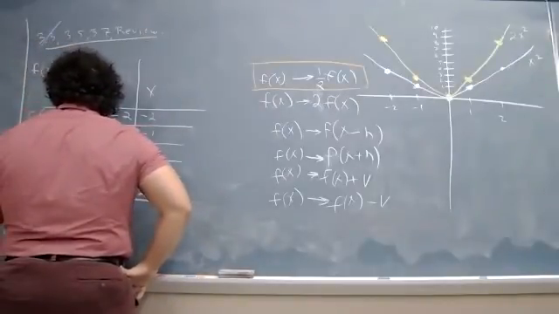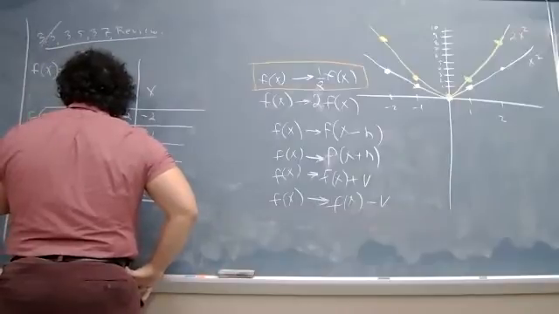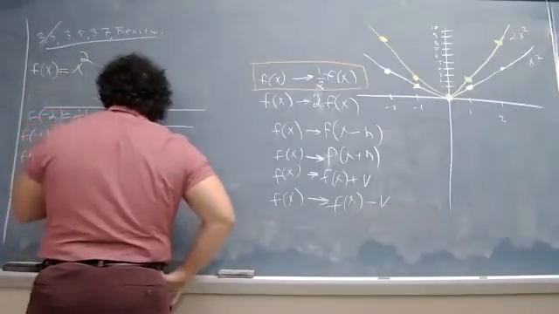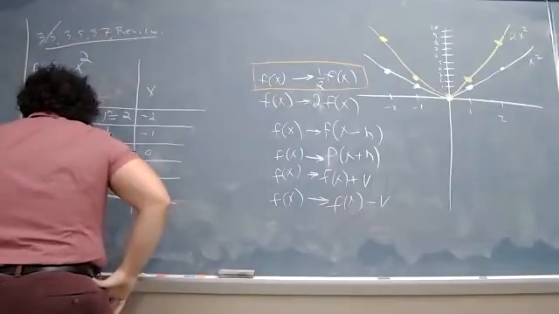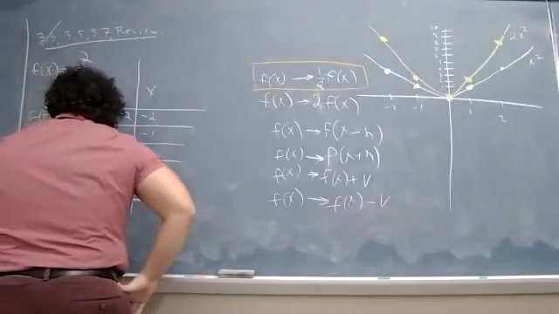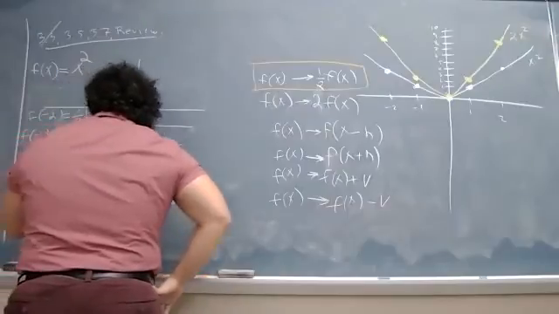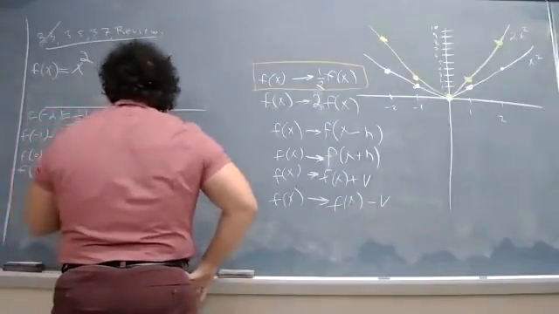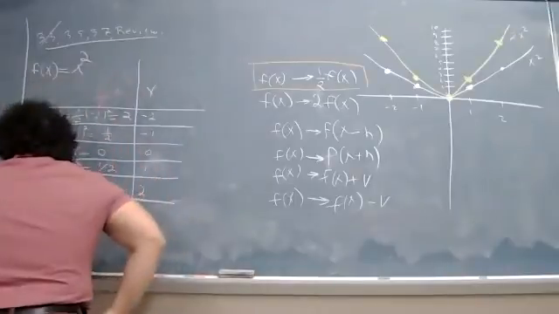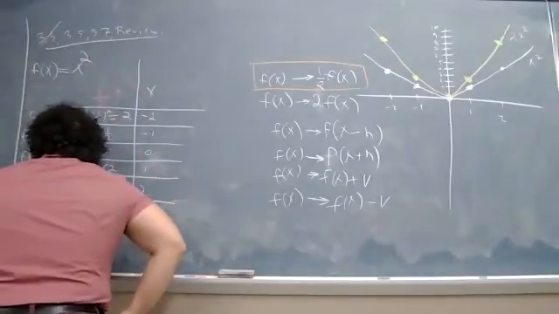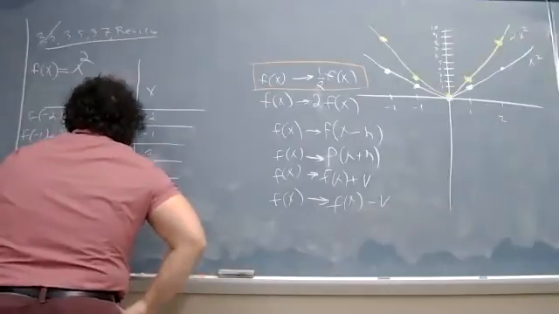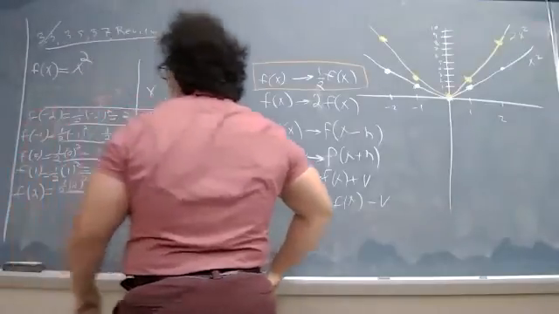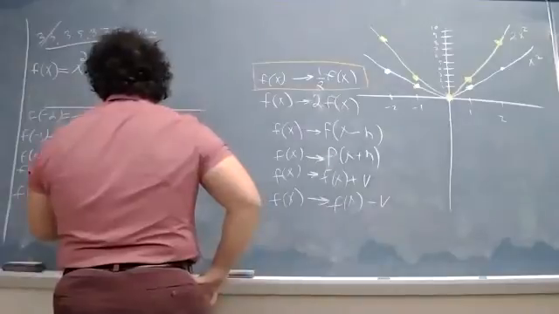That's 1/2 times 0 squared, but everything times 0 is 0. What's f of 1? Well, that's just 1/2 times 1 squared. 1 squared is 1. 1 times 1/2, you get 1/2. What is f of 2? That's equal to 1/2 times 2 squared. That gets 4 divided by 2, which is 2.